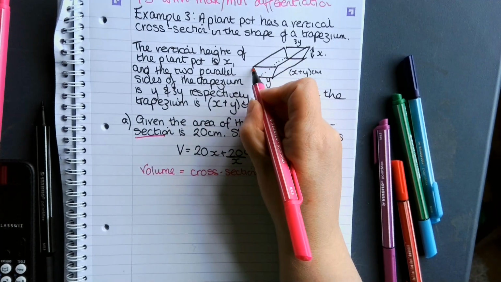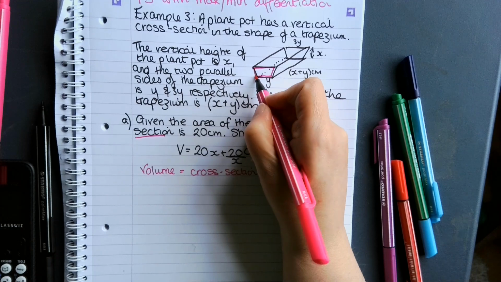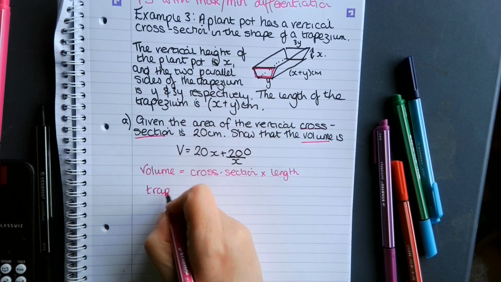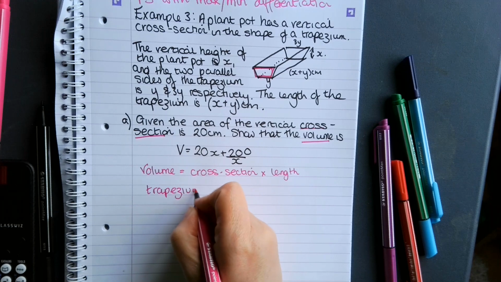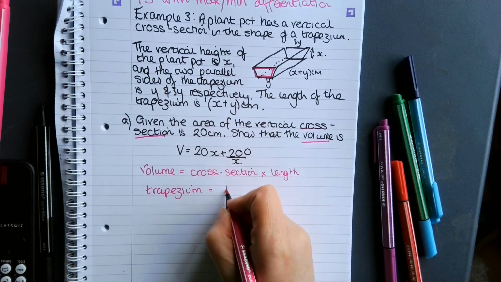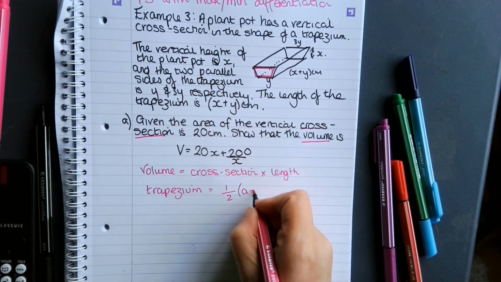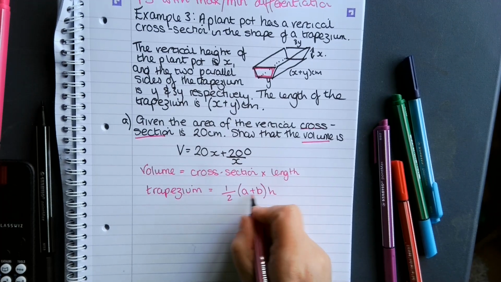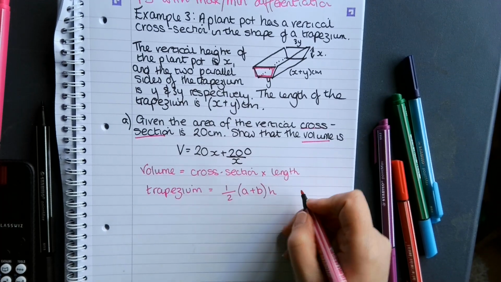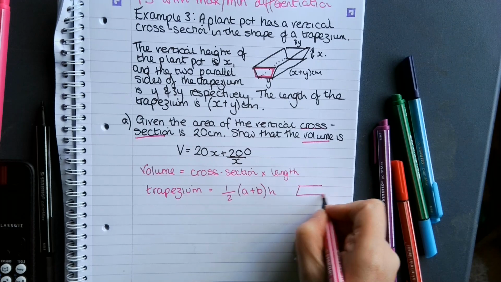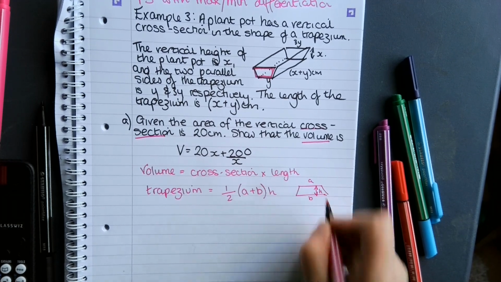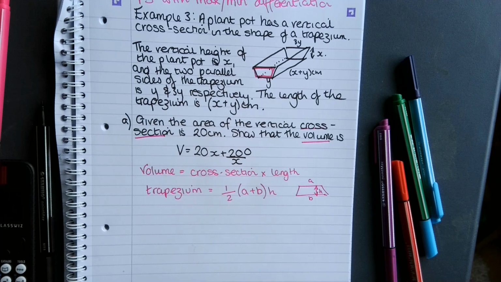Now, in this case, my cross section is a trapezium. For a trapezium, if you remember from lower down the school, the formula is a half (a plus b) h, which is half your parallel sides added together, times by the height. I'll give you a little sketch there, a, b, and height, because you might not remember that due to having the formula sheets.